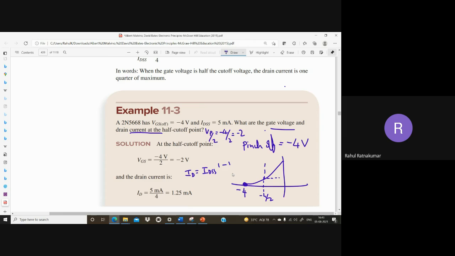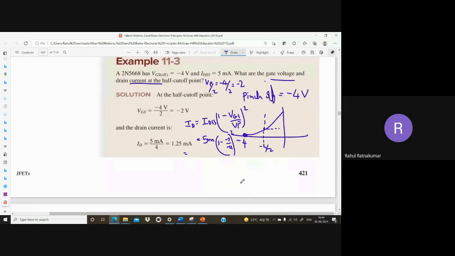ID equals IDSS times (1 minus VGS divided by VP) whole square. IDSS is given as 5 milliampere. We know VGS is -2 and VP is -4, squared. So this becomes 5 milli into (1 minus 1 by 2) whole square, which is 1 by 2 whole square, that is 1 by 4.